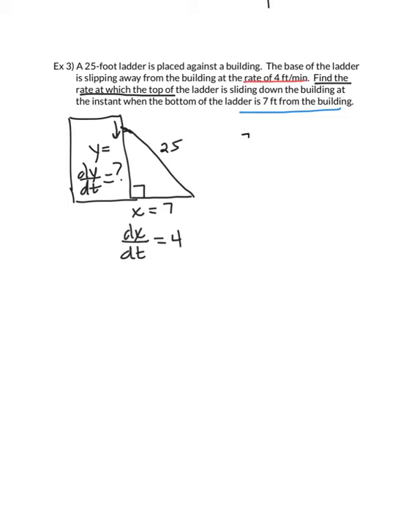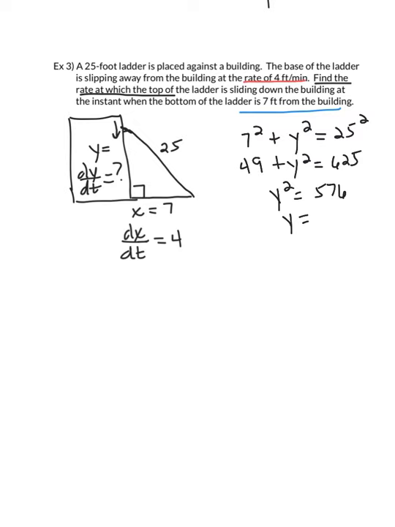So our x is 7 squared plus y is what we're looking for squared equals 25 squared. So 49 plus y squared equals 625. Y squared then has to be 576. So y has to be technically plus or minus 24, but this is the height, so it has to be positive. So we now know that y is 24.